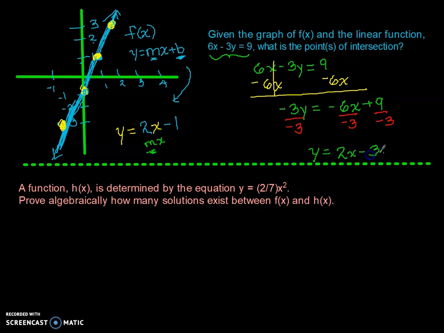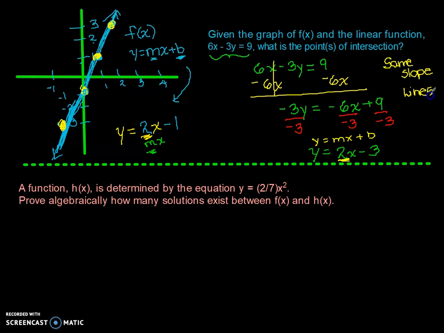So if I look at the two slopes here, y equals mx plus b as well, the slope for this line is 2, and the slope for the other line from the graph is also 2. So that means since they have the same slope, the lines are parallel.